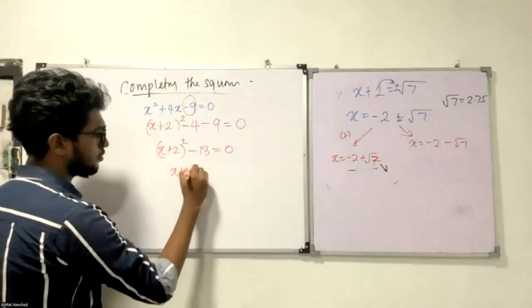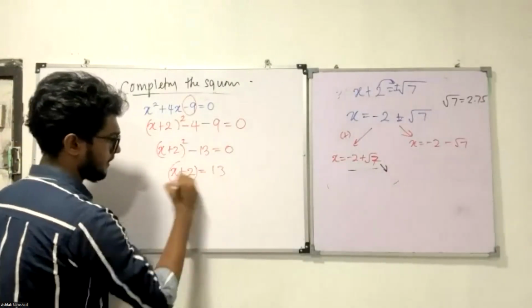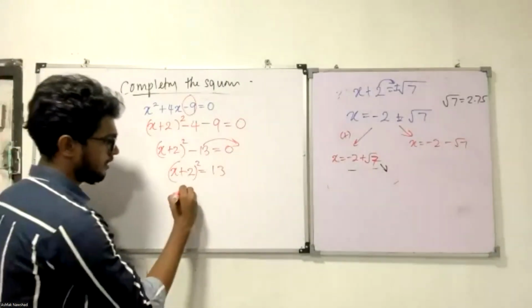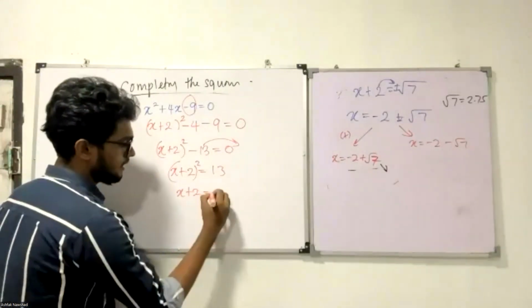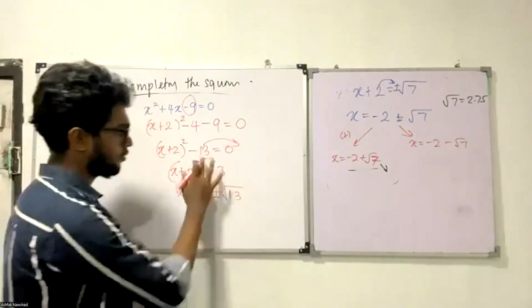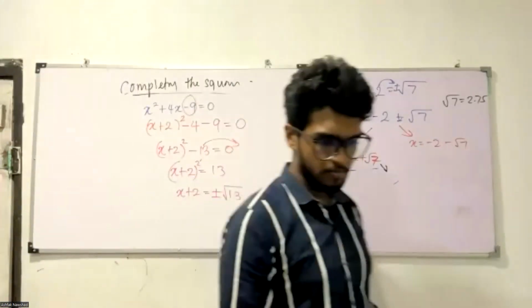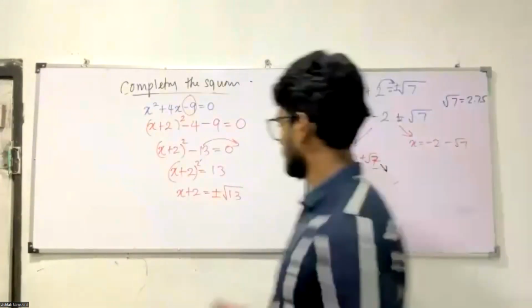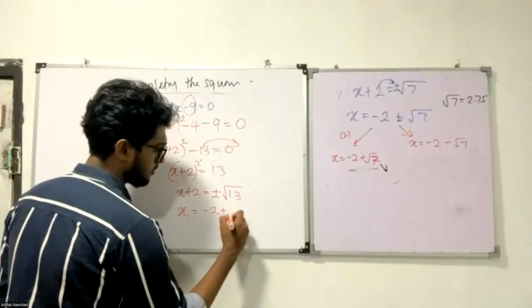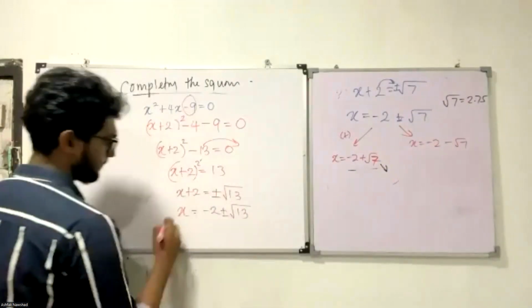Now, x plus 2 squared is 13. We need x plus 2. Then x plus 2 is plus or minus the root of 13. You're going to remove the square, so we are applying square root. Root 13. Good. Now, finally, we get values for x: minus 2 plus or minus root 13.